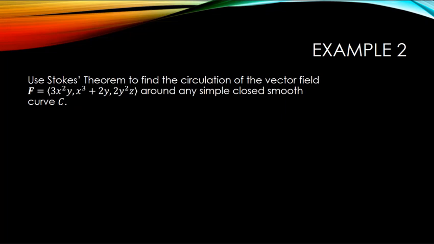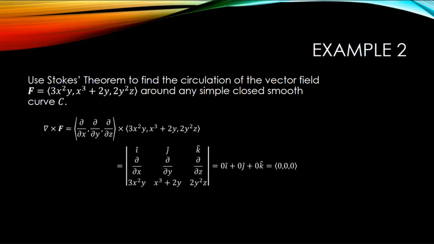I want to use Stokes' theorem to find the circulation of the vector field F equal to a vector with components 3x squared y, x cubed plus 2y, and 2y squared z around any simple closed smooth curve C. Del cross F is equal to a vector with the del operator components crossed with a vector with components 3x squared y, x cubed plus 2y, and 2y squared z.